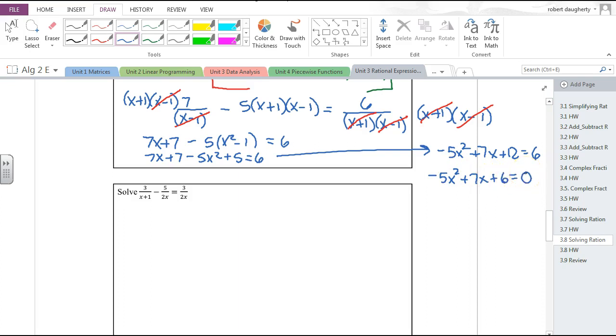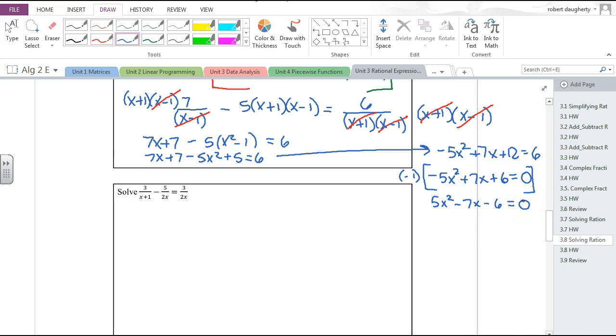Okay. I really never do like having a negative in front of that x squared term. How can I rewrite this where I don't have a negative? Yeah, I can just multiply everything by negative 1, and I get 5x squared minus 7x minus 6 equals 0.